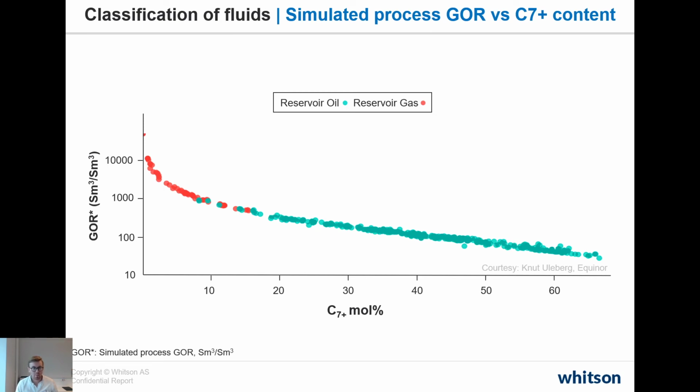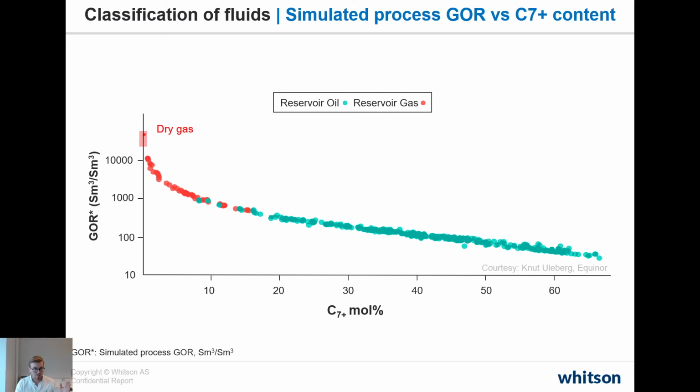If we plot this up on a chart, with GOR on the y-axis and C7 plus mole percent on the x-axis, we can look at where the different types of fluids lie.